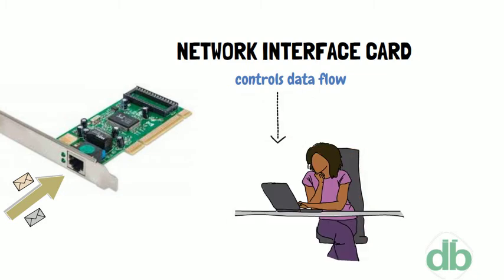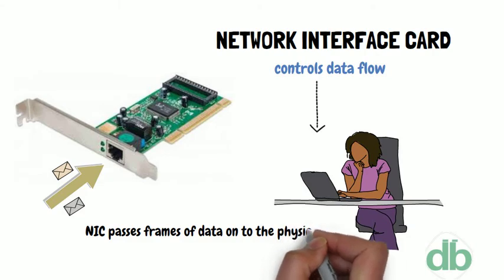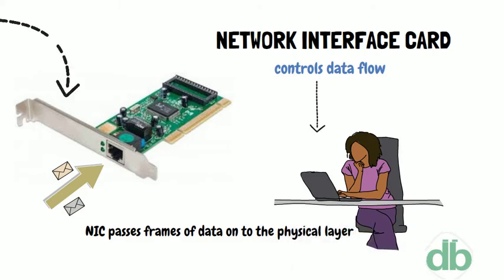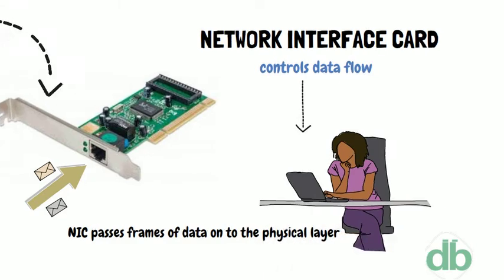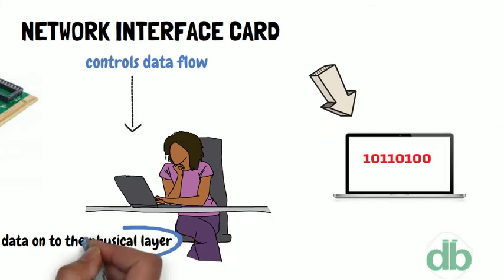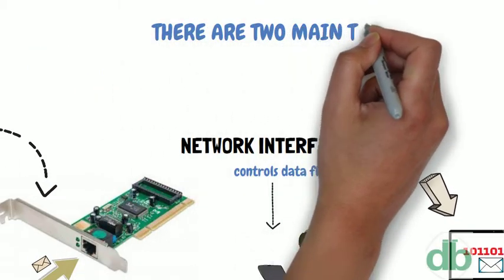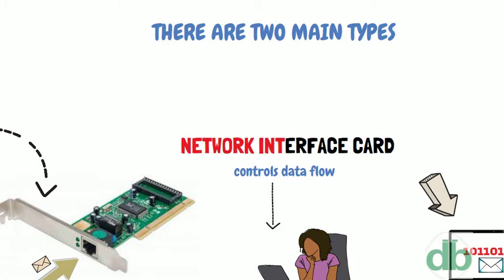On the transmit side, the NIC passes frames of data onto the physical layer, which then transmits the data to the physical link. On the receiver's side, the NIC processes bits received from the physical layer and processes the message based on its contents. There are two main types of network interface cards with specific configuration types: Ethernet and wireless.